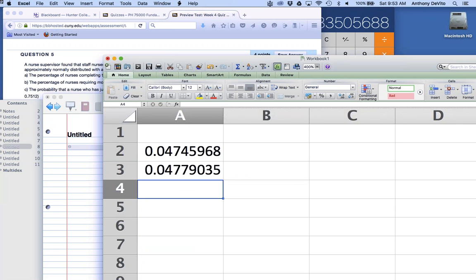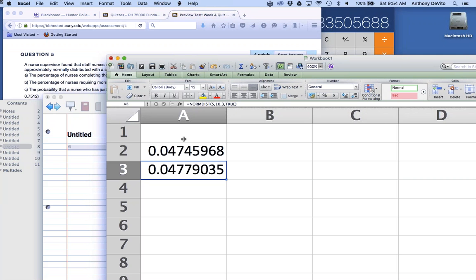So I could have saved myself some calculation by using NORM.DIST. Either one of these functions is appropriate. It's just what your starting point is. If you have your mean, your standard deviation, and the value you're interested in, just keep in mind this always describes the area to the left of that value.